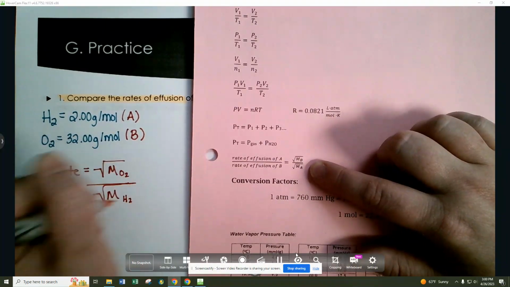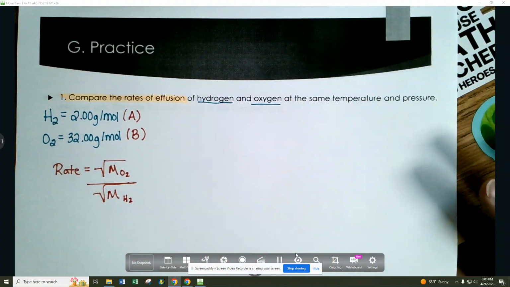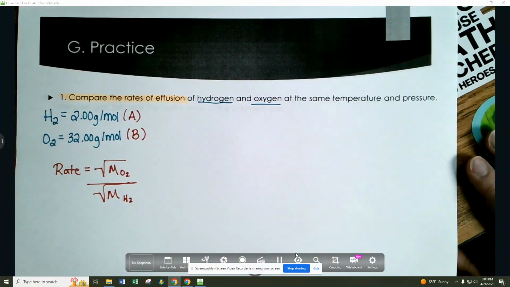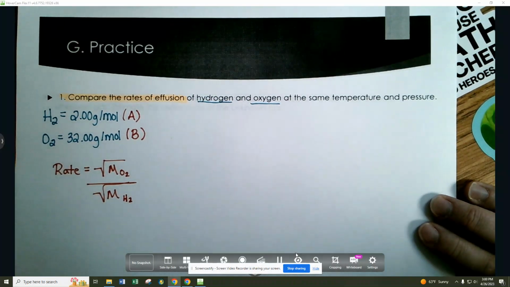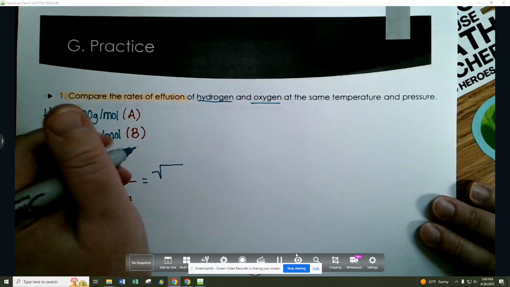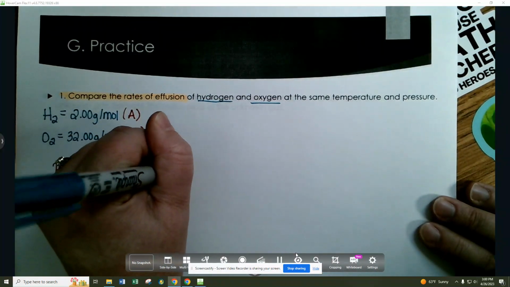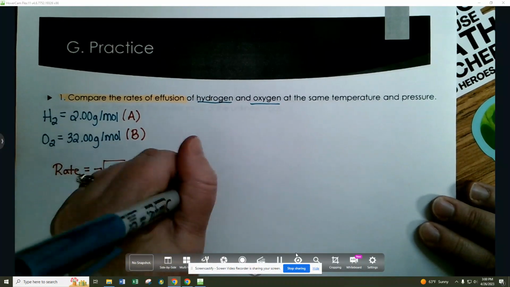Okay. So what we're doing is essentially comparing how much faster hydrogen would move compared to oxygen. So substituting in my information now, I have the square root of 32 over the square root of 2.